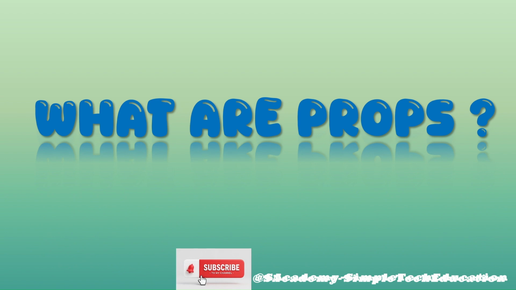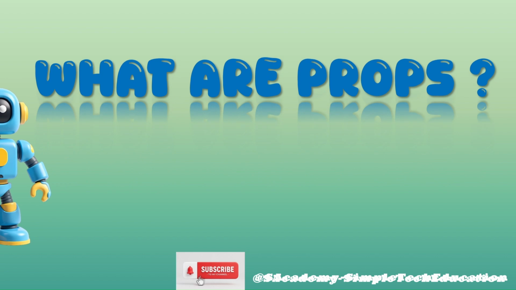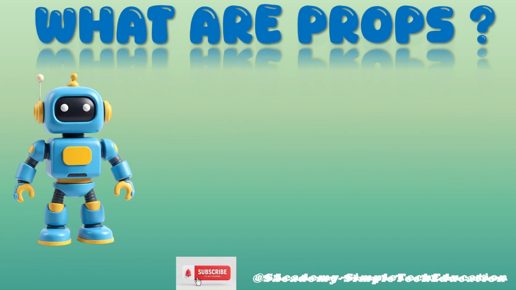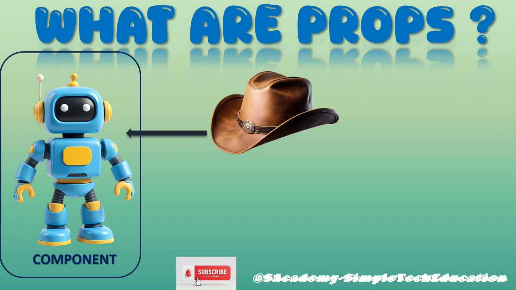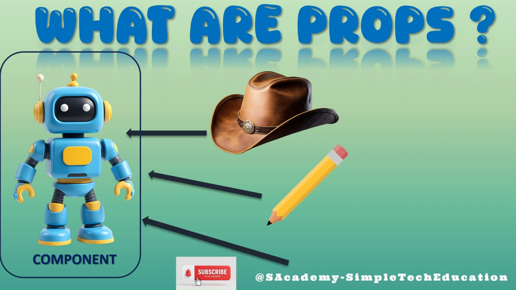Now we will start with what are props. Think of a React component as a robot. When you buy the robot, you can give it different accessories, that is a hat, or a sword, or a pencil.